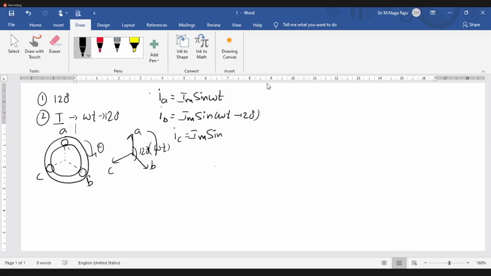For simplification, I told you we will take the cosine functions. I maximum cos omega t, I maximum cos omega t minus 120, I maximum cos omega t minus 240. I think it is clear, everyone. It is basic, okay? Three-phase currents are displaced by 120 degrees each other electrical.